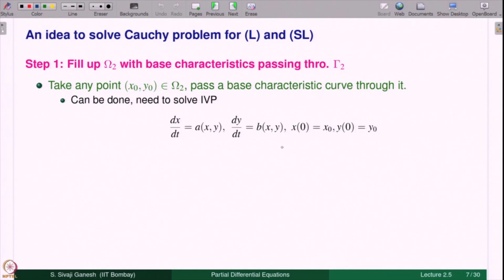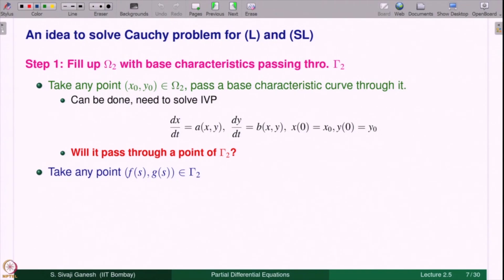Now, we are worried about gamma 2, that is where the data is given. So, the question is, will it pass through a point of gamma 2? That is the question we ask, because that is where the data is given, and we need to solve the Cauchy problem. It will be clear in the next slides why we are asking this question.